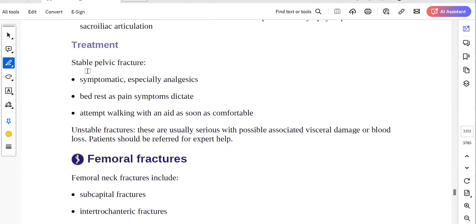A stable pelvic fracture most of the time doesn't cause pelvic organ injury, but an unstable fracture can. An unstable fracture is associated with visceral damage or blood loss, so the patient should be referred for expert help. But if it is a stable pelvic fracture, most of the time symptomatic management with painkillers and bed rest as the pain dictates will do. Usually bed rest for a few days or weeks will do.